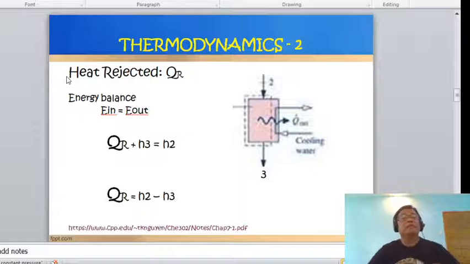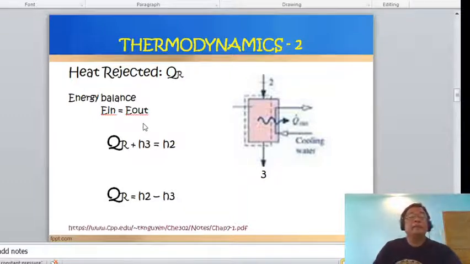So the assumption, of course, is all constant pressure. Okay? So if we isolate one system, say for example, the boiler or the condenser, isolated from the entire system, we treat that as constant pressure, class. That's why we are going to assume that energy entering is equal to energy leaving.